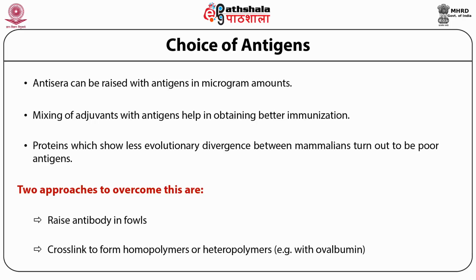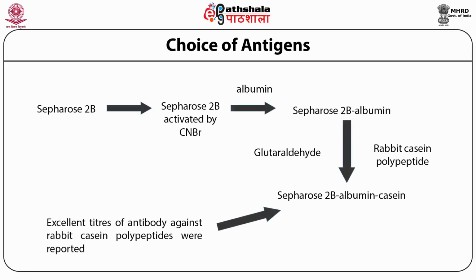This normally produces a better titer of the antibodies in the case of these proteins which show less evolutionary divergence. As an illustrative example, we can look at the excellent titers which have been obtained for the antibody against the rabbit casein polypeptides.